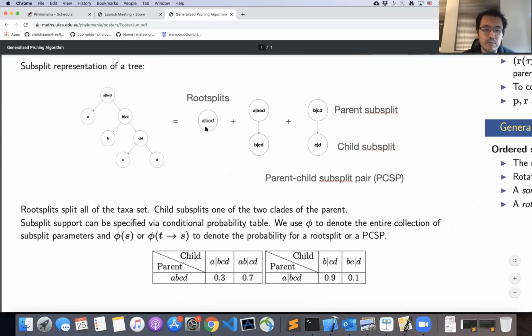Here we have a root split, so you choose how you're going to split all of the taxa. In this case, we've split A from B, C, D. Then you can further subdivide this B, C, D into B splitting off from CD, and so on. This is one way to view a tree, and we call these the parent subsplit and child subsplit.